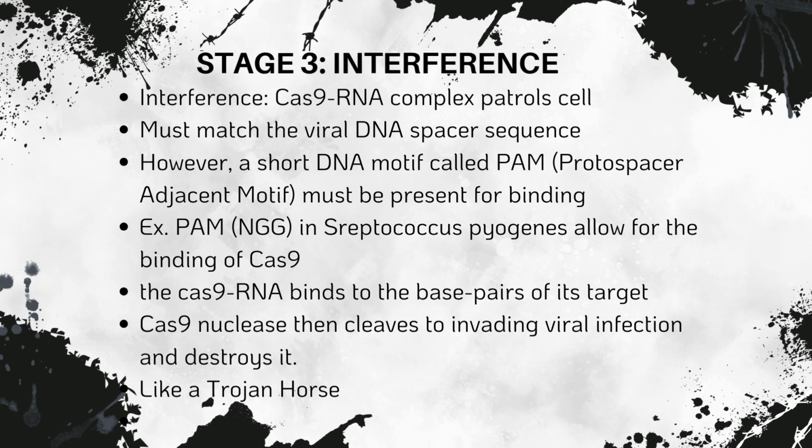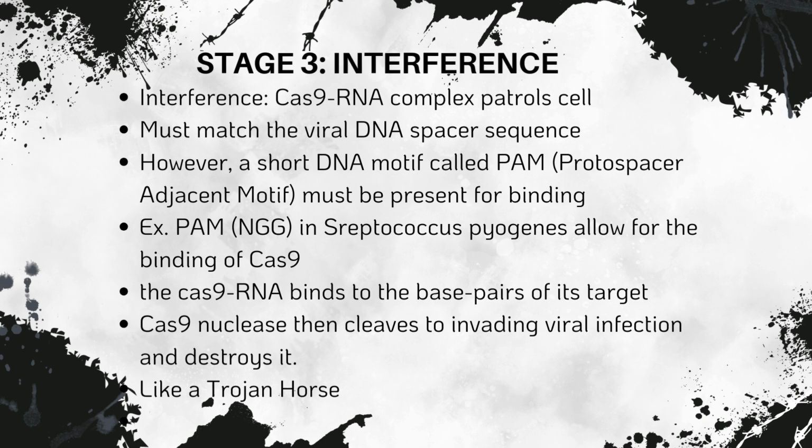At first, once it recognizes the viral infection, it realizes it must match the viral DNA spacer sequence. The spacer sequences, don't forget, are the little gaps within the CRISPR DNA locus array. However, a short DNA motif called PAM, proto-spacer adjacent motif, must be present for binding.